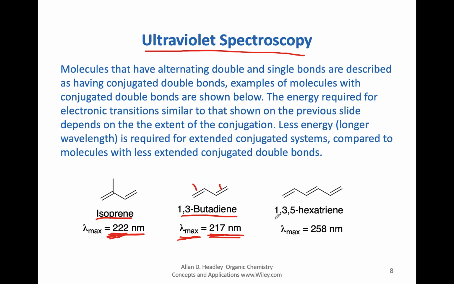Let's look at this system here. 1,3,5-hexatriene has 1, 2, and 3 double bonds that are now in conjugation.